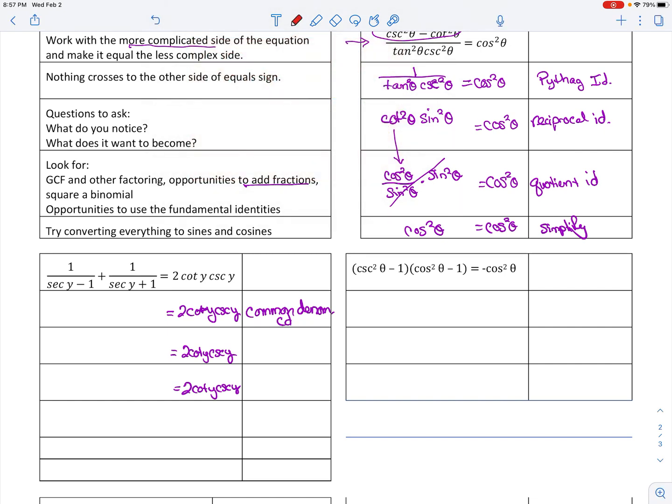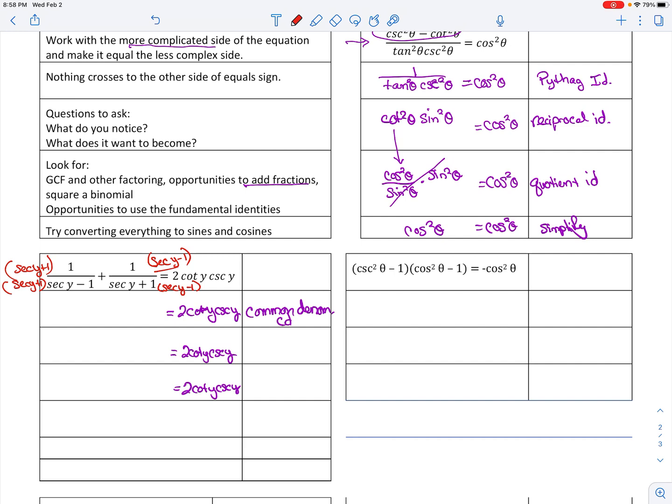The first term is missing a secant of y plus 1. So if we multiply top and bottom by that, we've multiplied by 1. And the right side is missing a secant of y minus 1. So we'll multiply top and bottom, numerator and denominator, by secant of y minus 1, which is a 1.